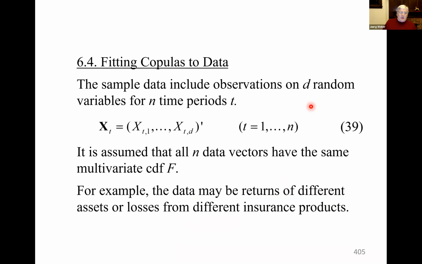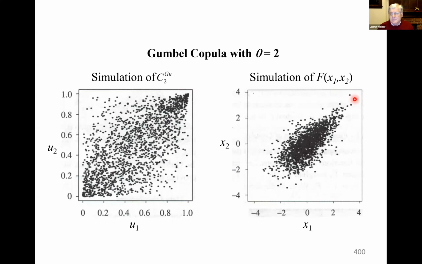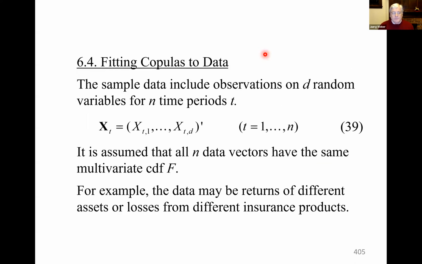Now, okay, we know now the empirical CDF. So we go now to fitting copulas to the data. So we now will try to find out how do we estimate a parameter like this. How do we estimate the copula parameter? Now the sample data include observations on d random variables for n time periods.